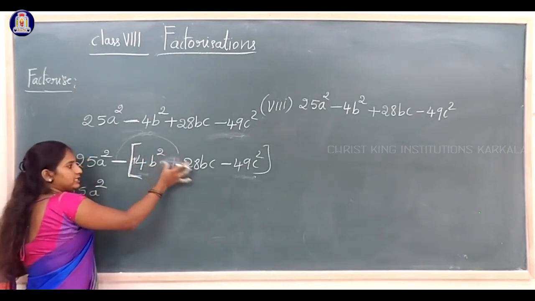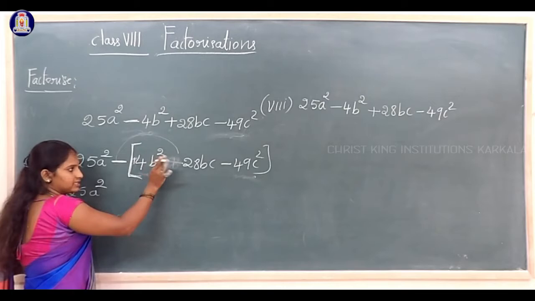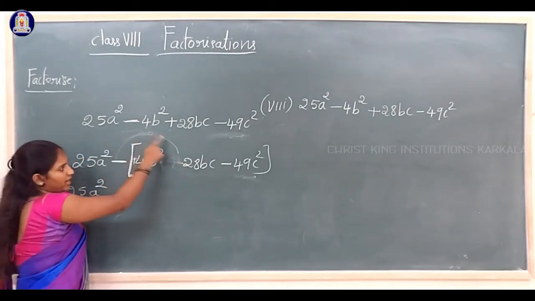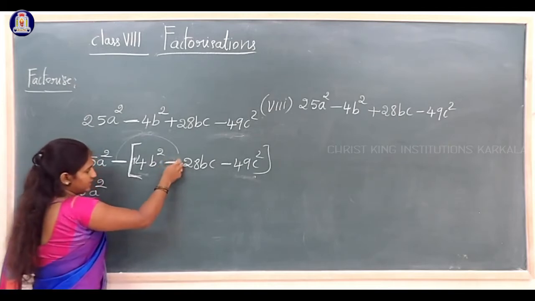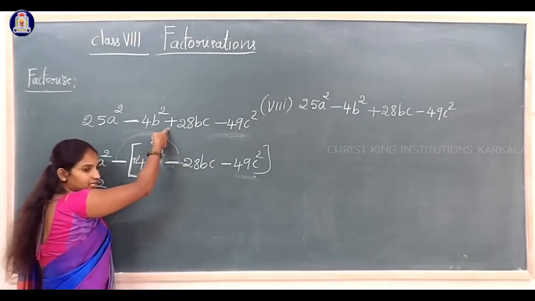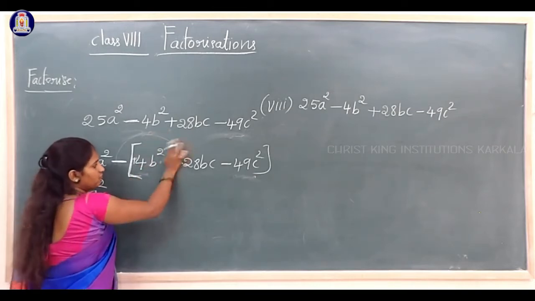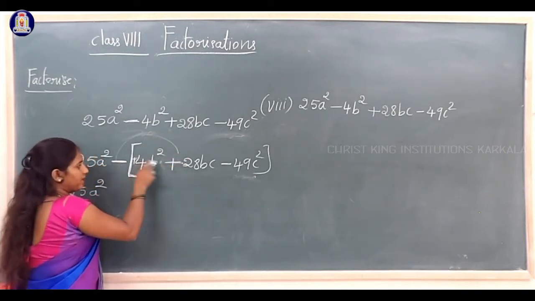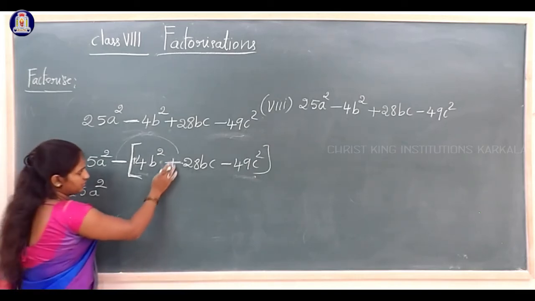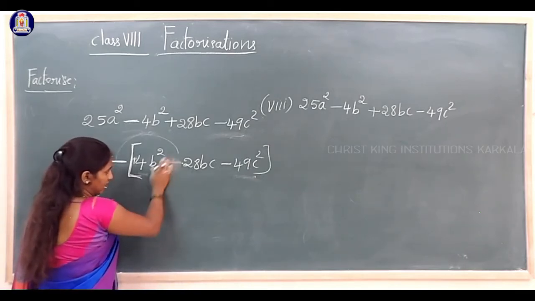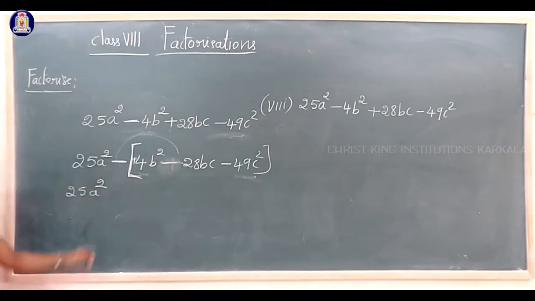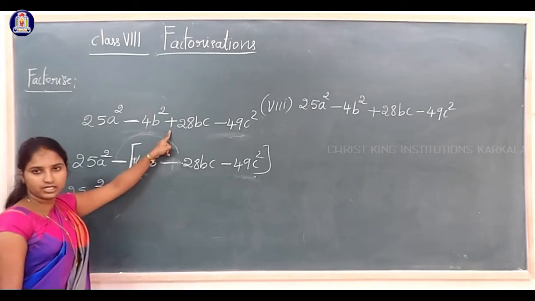We write all these terms inside the bracket, and the sign will change. See, the sign is minus. So minus into minus means we will get a plus. Is it correct? If you write plus, what happens? Minus into plus is minus, so that is not possible. So right here, change the sign. The sign is a minus, so minus into minus means we get a plus.